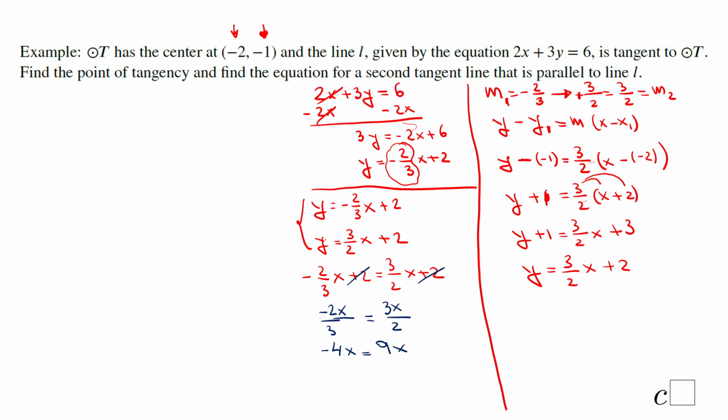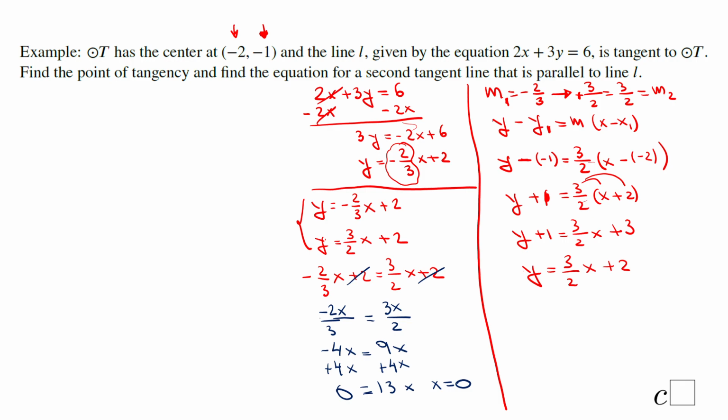We want to solve for x, so we have to add 4x, for example, and we have here 0 equals 13x, and dividing by 13 we get x equals 0. So ladies and gentlemen, this is the x coordinate of the point of tangency.